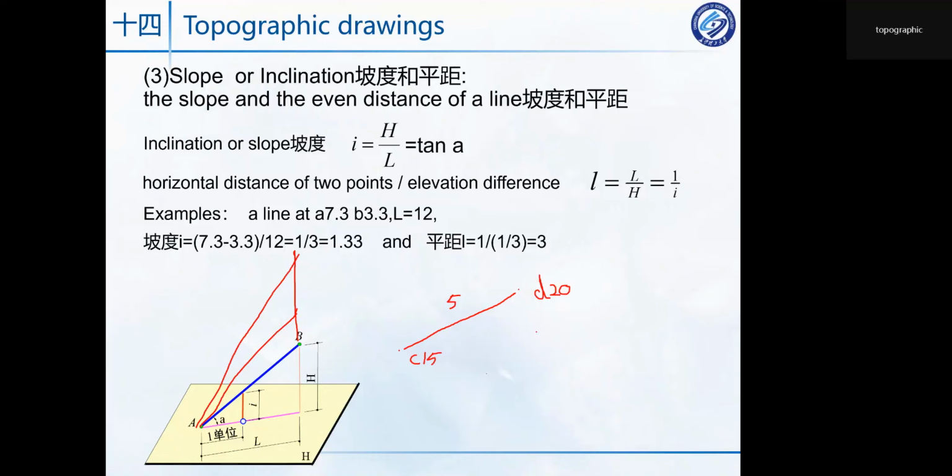So please tell me the slope i of line CD.